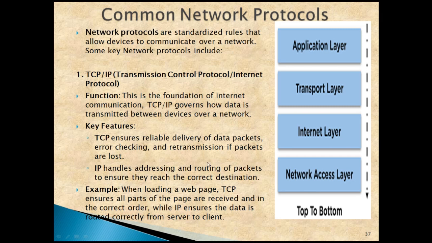So TCP ensures the data is complete and delivered, while IP handles the location. Example, when loading a web page, TCP ensures all parts of the web page are received in the correct order, while IP ensures that the data is routed correctly from the server to the client.